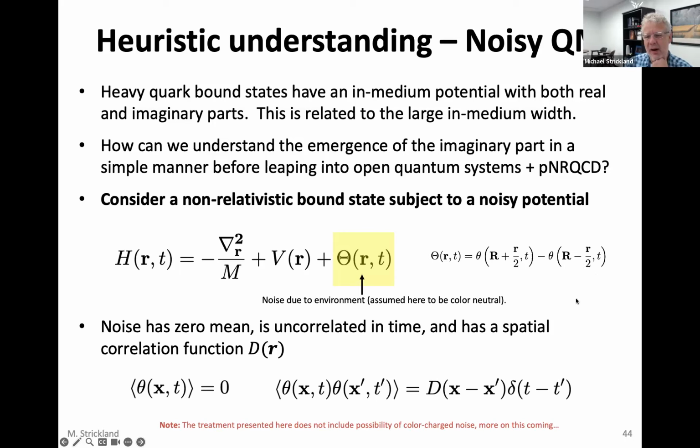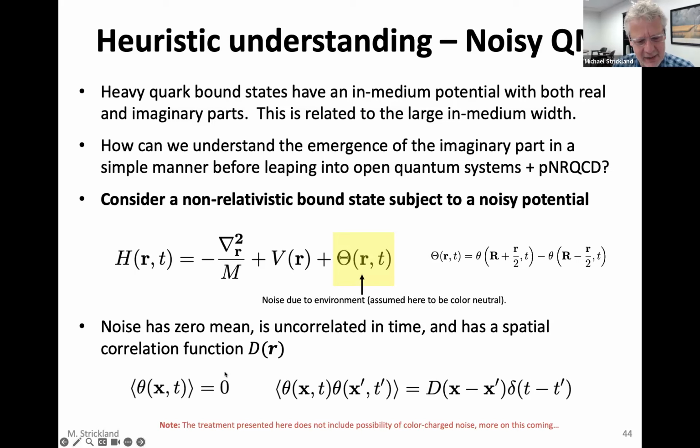So this noise, of course, has zero mean. And at first approximation, you can assume that it's uncorrelated in time, so that it has some spatial correlation, which I won't even specify the shape of. You can think of it as kind of a Gaussian in your head if you like, but formally we don't even have to specify what this is.